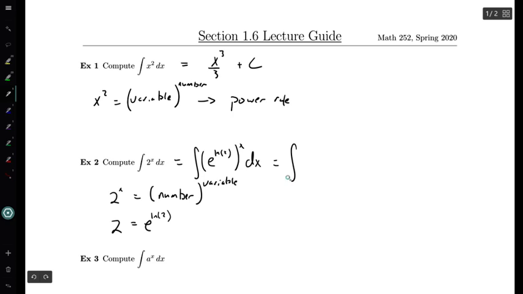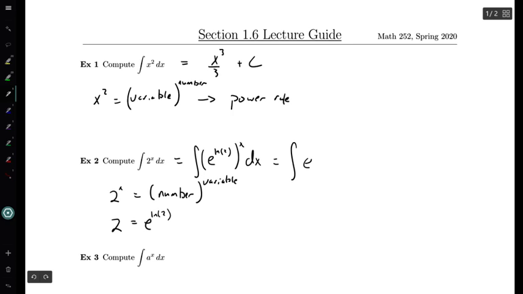So here I have the integral of e to the natural log of 2 times x dx. But this looks very similar to some of the u substitution integrals that we've been doing. In particular, if I let u equal natural log of 2 times x, what I will have in my integrand is e to the u, which is a very nice function. We know how to integrate that.